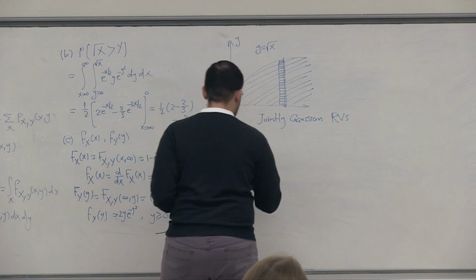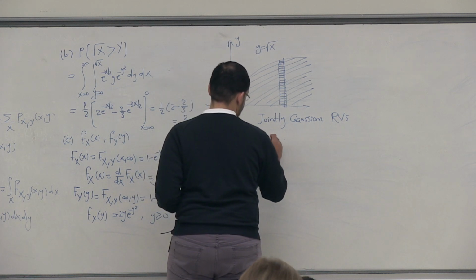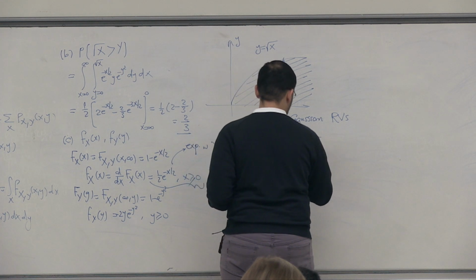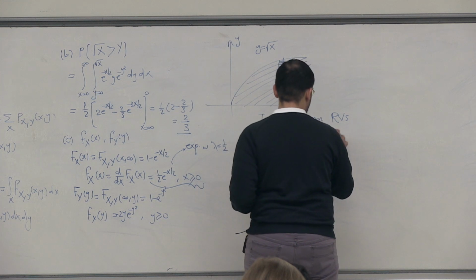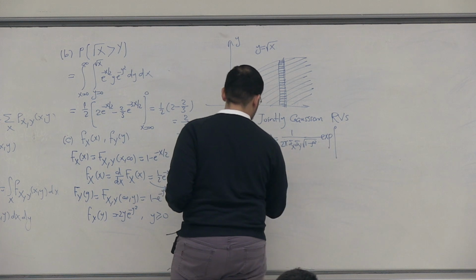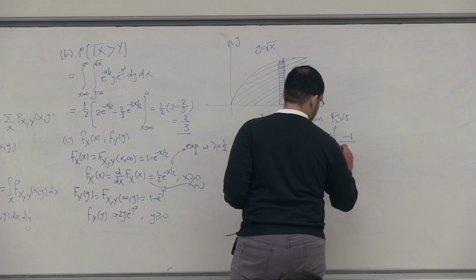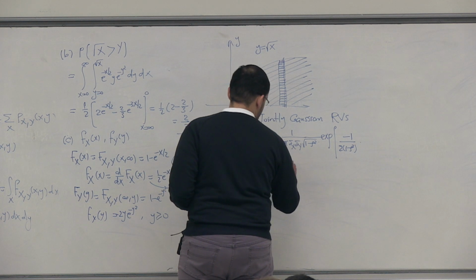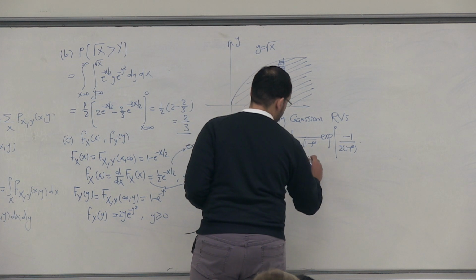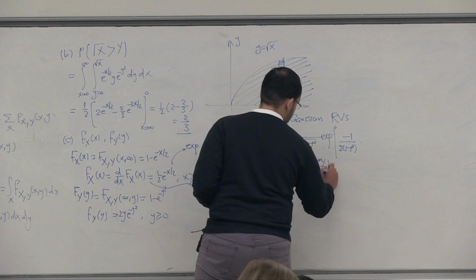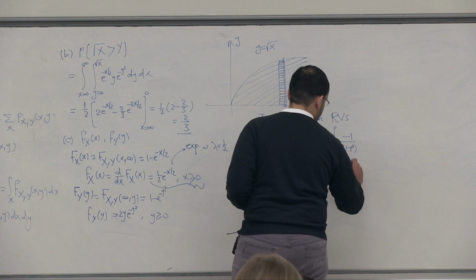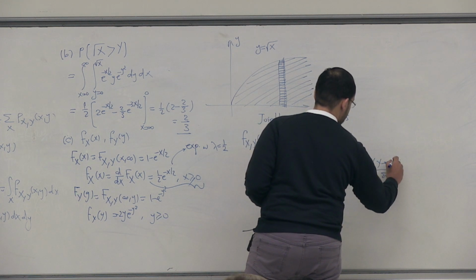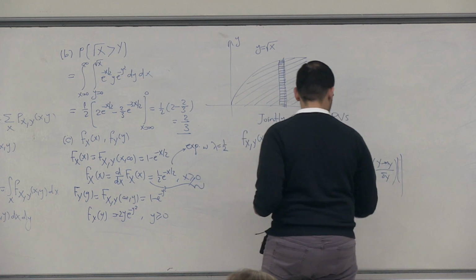And let's write this fantastically long formula. 1 over 2 pi sigma x sigma y square root of 1 minus rho squared, times the exponential of minus 1 over 2 times 1 minus rho squared, times the bracket: x minus mx over sigma x, squared, plus y minus my over sigma y, squared, minus 2 rho times x minus mx over sigma x, times y minus my over sigma y, and this is fxy of x and y.